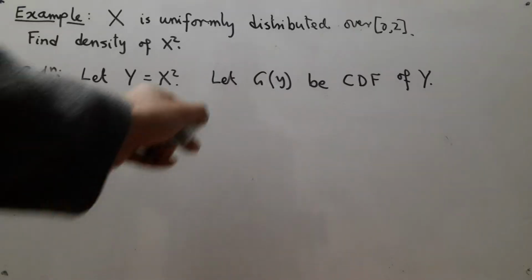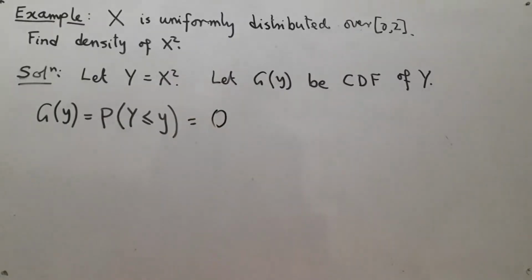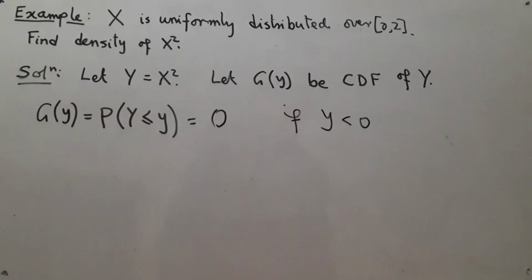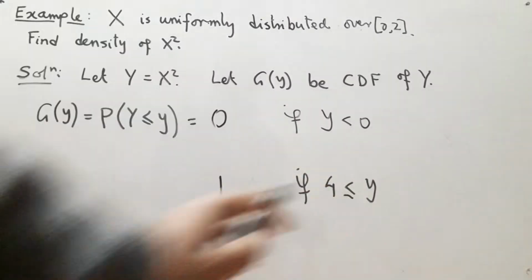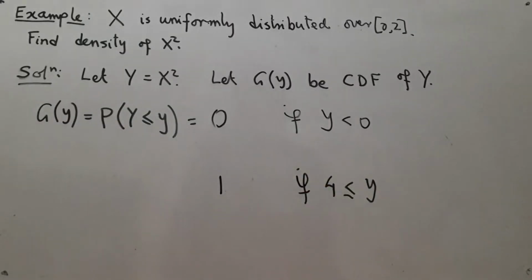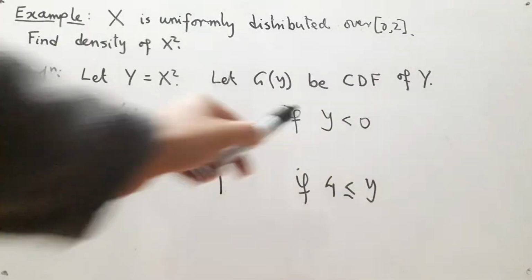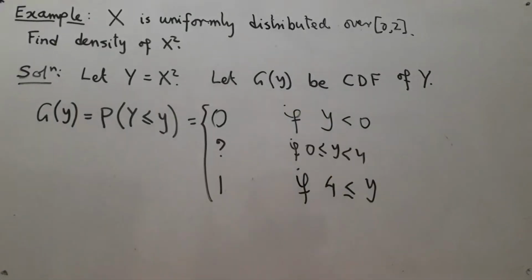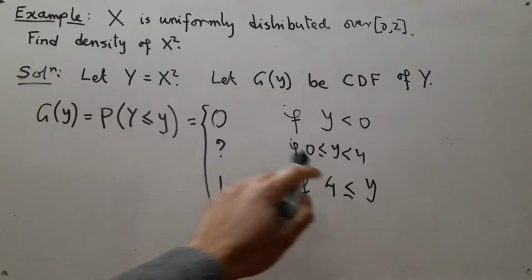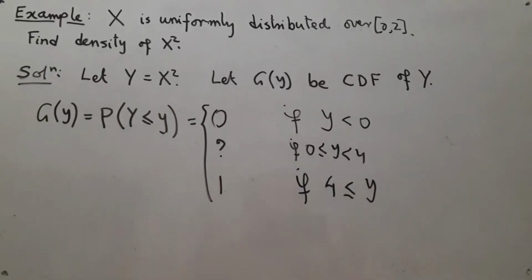So you can immediately see that G(y) will be equal to 0 if y is less than 0, and will be equal to 1 if y is greater than or equal to 4. So the question is, what happens in between? To answer this question, we take some y in this range.